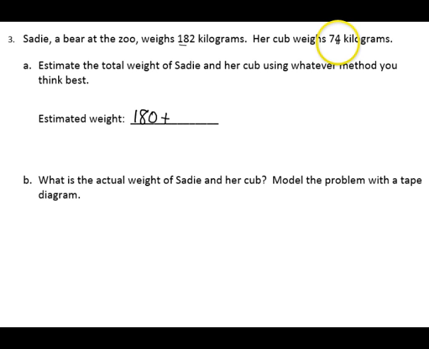Since 74 falls below the midpoint, we'll round down to 70. Now we'll add these two numbers, 180 plus 70. I'm going to think of 70 as 20 and 50. That way I can combine 180 and 20 to get 200 and then add 50 more. So my estimated answer is 250 kilograms.